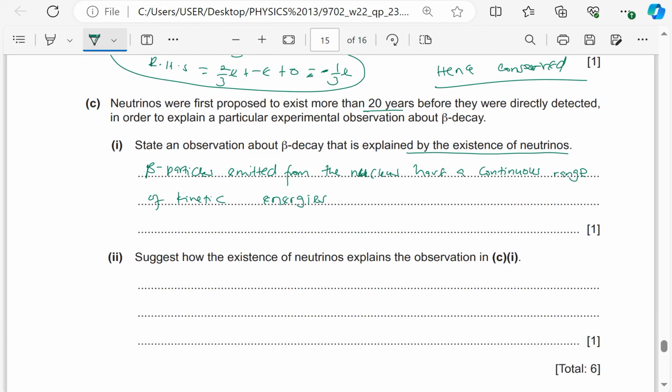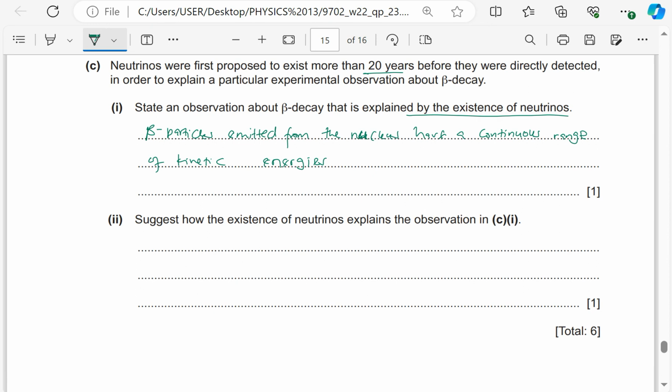So just how the existence of neutrinos explains the observation in C Roman 1. Of course, we expect that these neutrinos must take some of the energy, must share part of the energy.